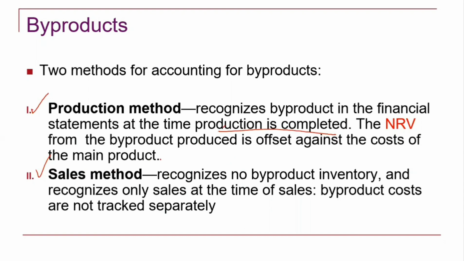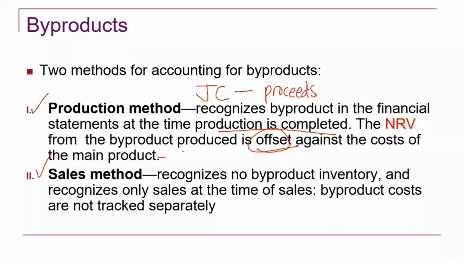The NRV from the byproduct produced is offset against the cost of the main product. Ibig sabihin, yung joint cost natin, ima-minus natin yung proceeds natin or possible proceeds natin dito sa production ng byproducts natin kapag under the production method.